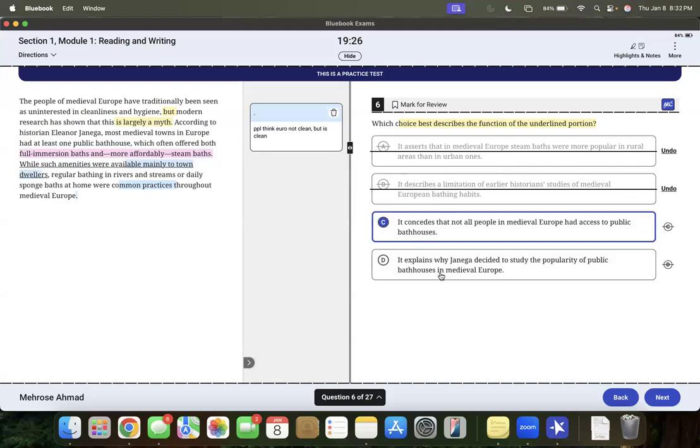D, explains why Janeja decided to study popularity of public bathhouses in medieval Europe. Again, does not make sense, because we don't talk about the historian either. So that is sort of a distractor answer.